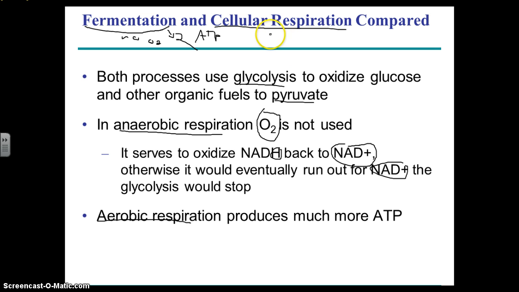Cellular respiration, however, produces 36, much more ATP. Much more ATP is generated during the electron transport chain and chemiosmosis. And remember, without oxygen, we can't do that process. I hope I've said that enough. Without oxygen, the electron transport chain stops.